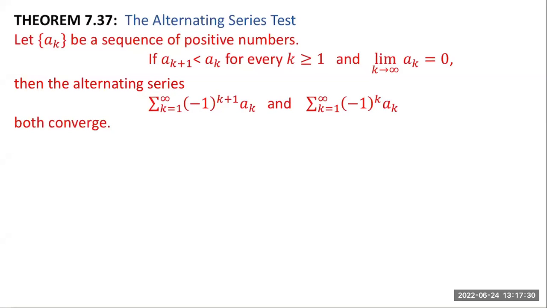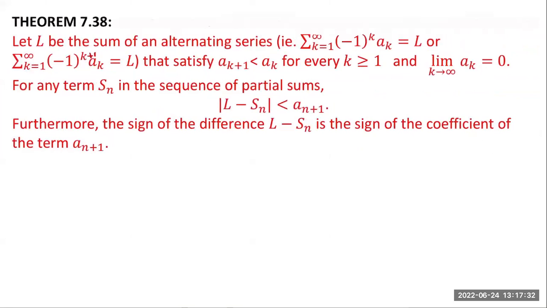And then I want to walk you over this theorem, theorem 7.38 in the book. This tells you how we can approximate the sum of an alternating series by partial sums. All right, let's go over the theorem. Let L be the sum of an alternating series.